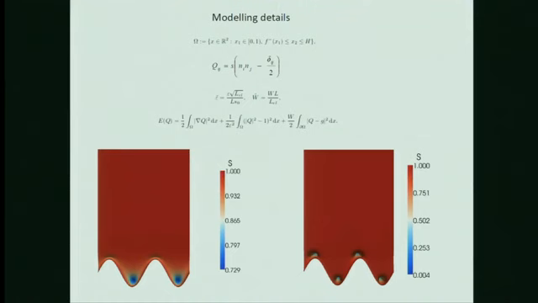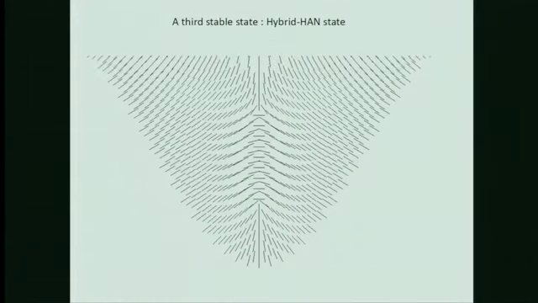So we had the same principle. We just wanted to model this device within the Landau-de Gennes framework and find the static equilibria. And as you might expect, we did find the VAN and the HAN state, which are reported in the literature. But what was interesting is we found a third state. And I haven't seen this in the literature, but it's possible that I just haven't looked in the right place.